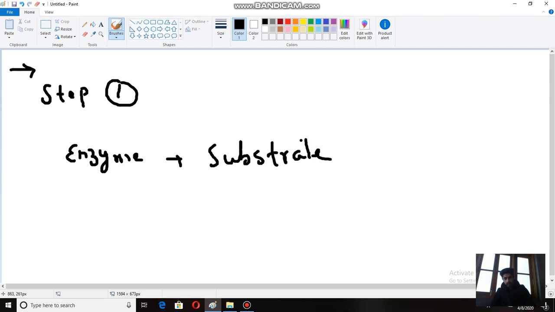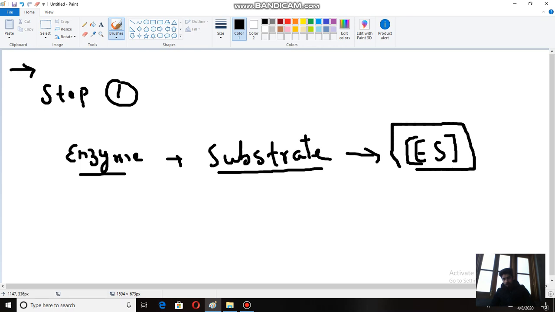I'll show this pictorially also. And an enzyme substrate complex is formed. E stands for enzyme, S stands for substrate. This enzyme substrate complex is formed.